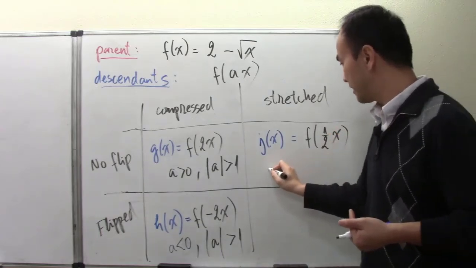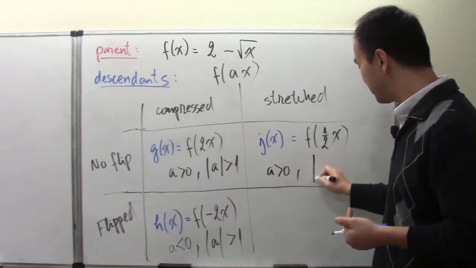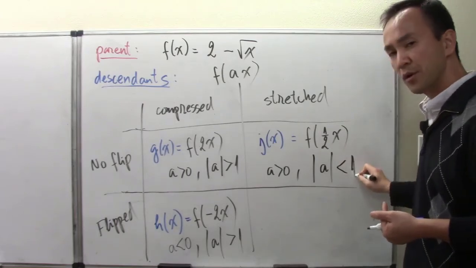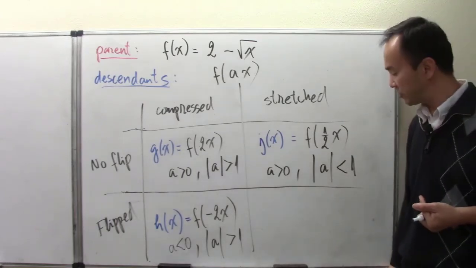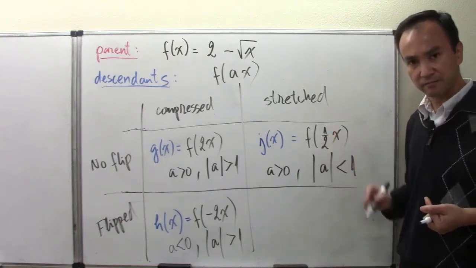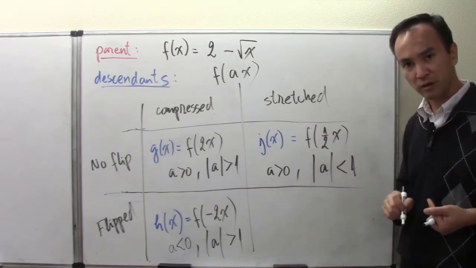So a is a positive value, but the absolute value of a in this case is less than 1. That's what I drew out from what we observed here.